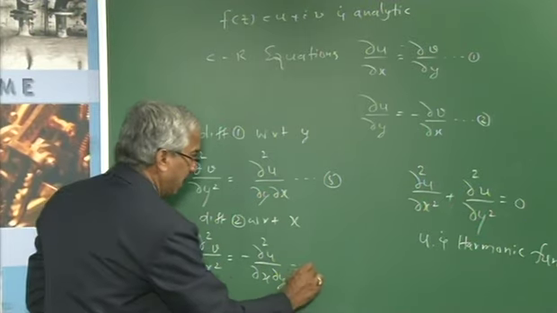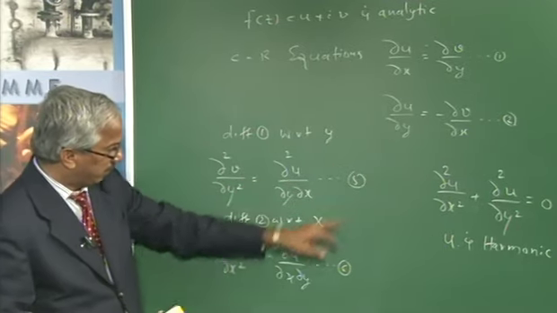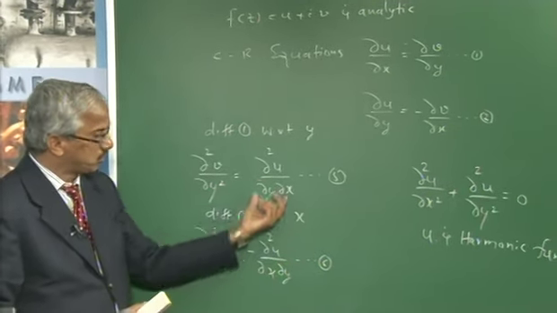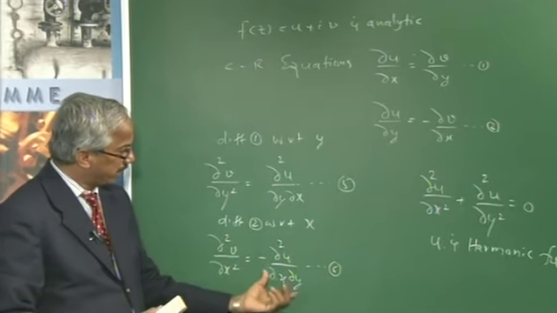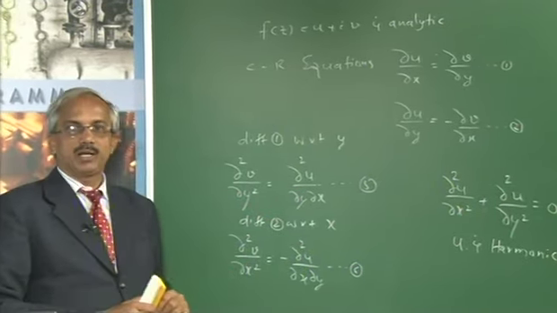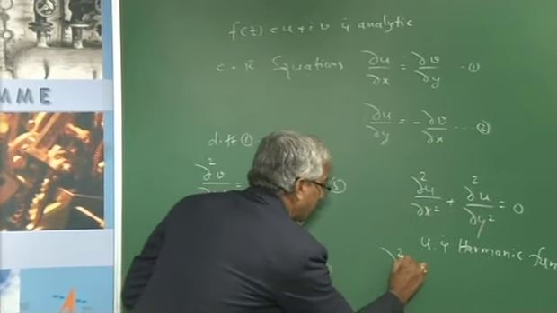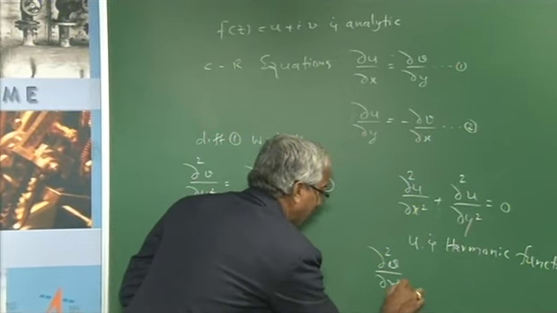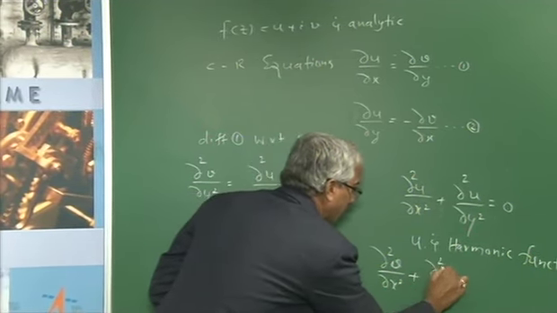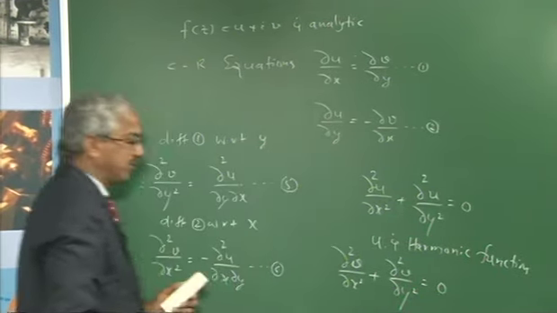Now, as I told in the previous case, you have to add 5 and 6. Since these two mixed derivatives are the same, while adding these two equations the RHS will become 0. Therefore, I got ∂²v/∂x² + ∂²v/∂y² = 0.